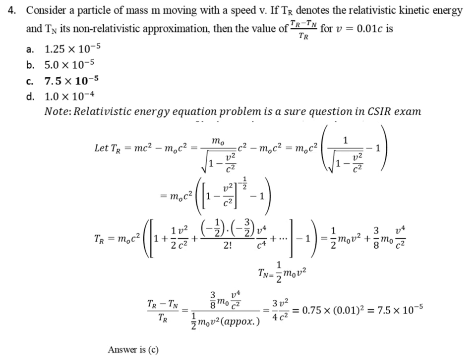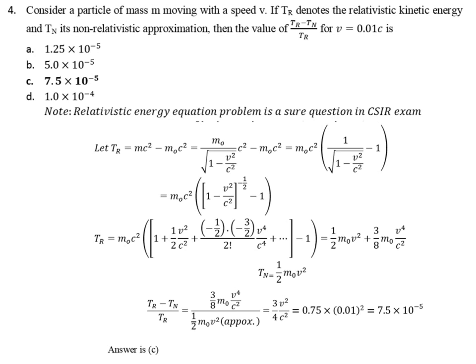Now let us expand (1 minus v square by c square) raised to minus 1 by 2 using the binomial expansion. We get 1 plus half into v square by c square plus (minus half into minus 3 by 2) by 2 factorial into v raised to 4 by c raised to 4 plus etc. Subtracting 1, the expression becomes half m0 v square plus 3 by 8 m0 v raised to 4 by c square. Now the non-relativistic kinetic energy is half m0 v square.